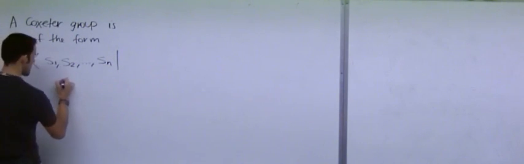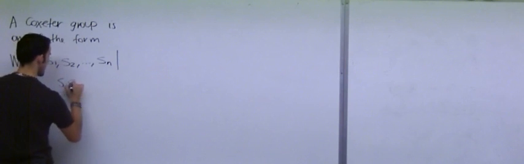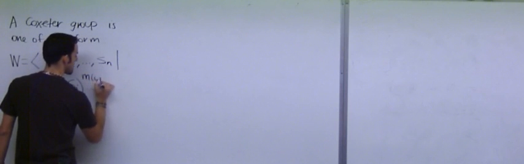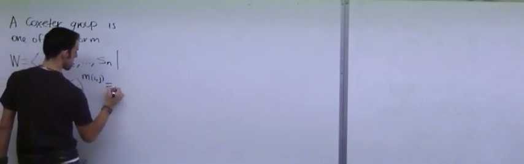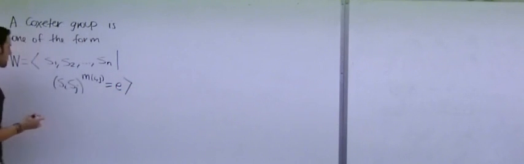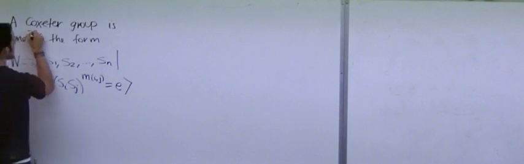And the relations are all of the form Si Sj raised to the power m of i comma j equals the identity. So that's what a Coxeter group is.